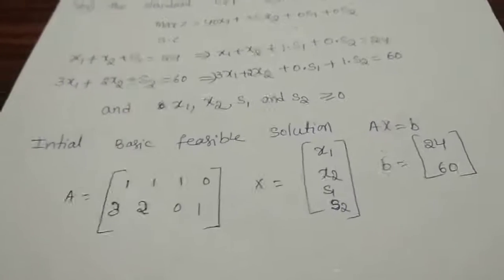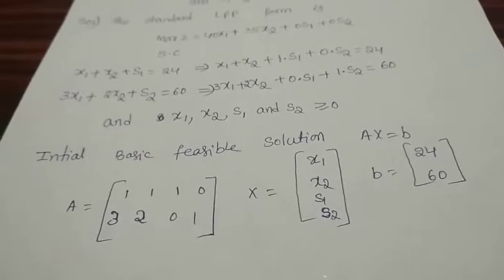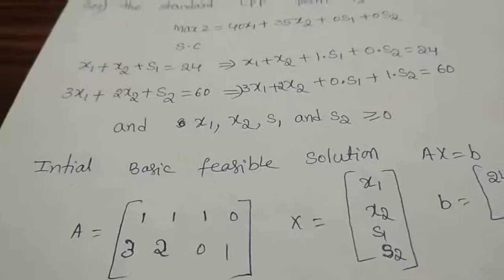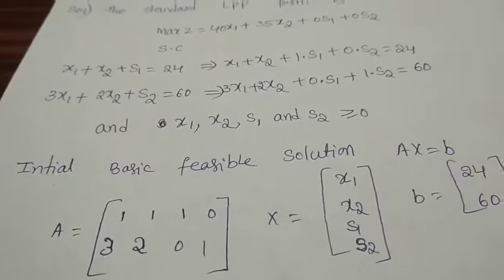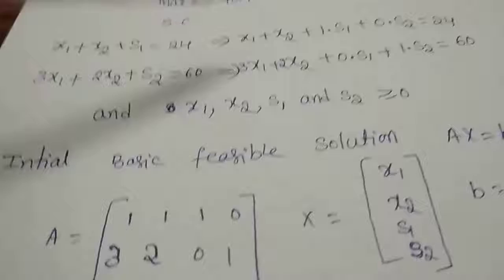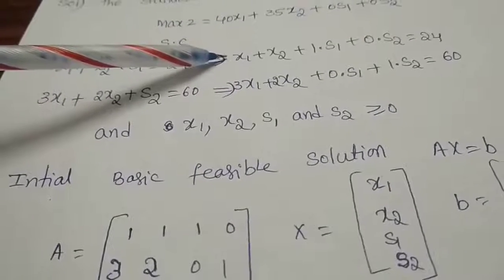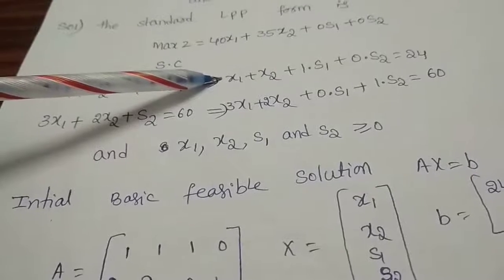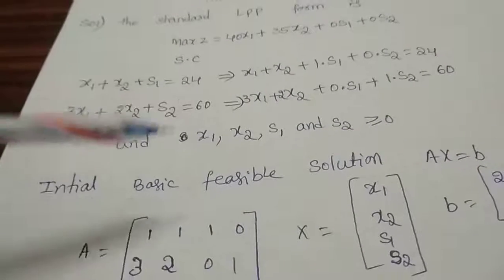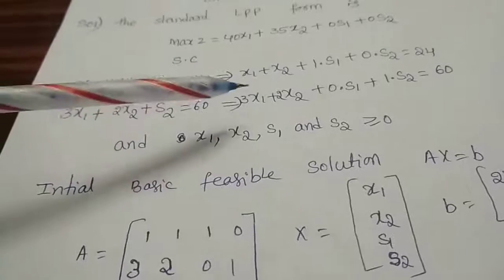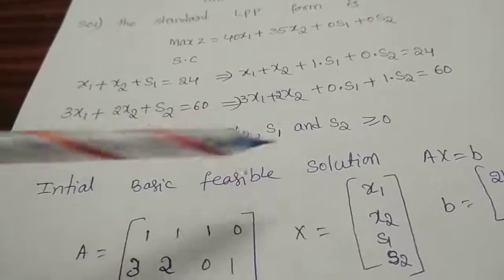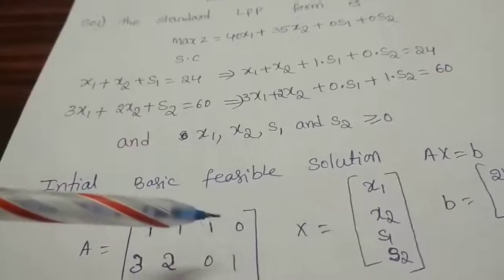Now the initial basic feasible solution is AX equal to B. What is A? It is the coefficient values of the constraints. In the first row, the x1 coefficient is 1, x2 coefficient is 1, s1 coefficient is 1, and s2 coefficient is 0.